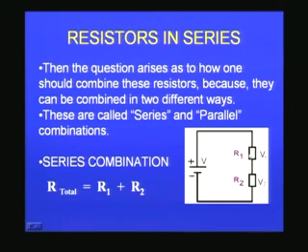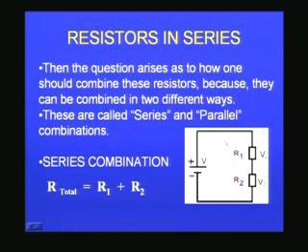The series connection is characterized by the same current flowing throughout the circuit. You can see the current starts from the plus terminal of the voltage source, goes along this wire and into this resistor R1, comes out of R1 and goes into the next resistor R2, comes out and completes the circuit.